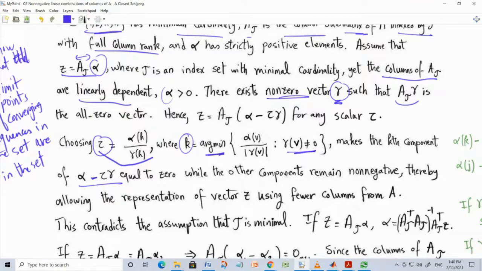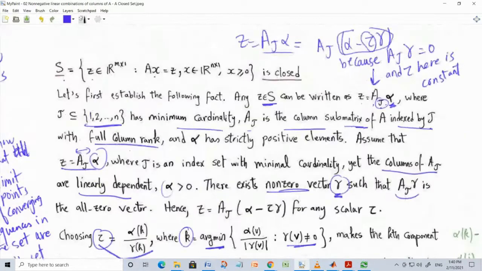So this establishes our result that if Z is in S, you can write Z as A times X, where X has non-negative components.